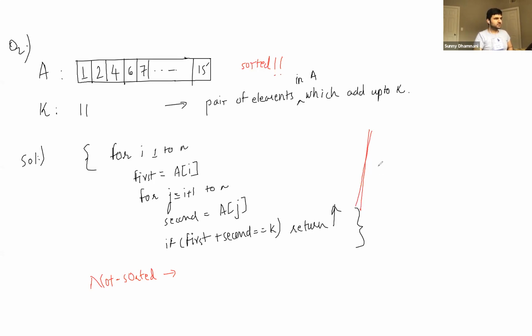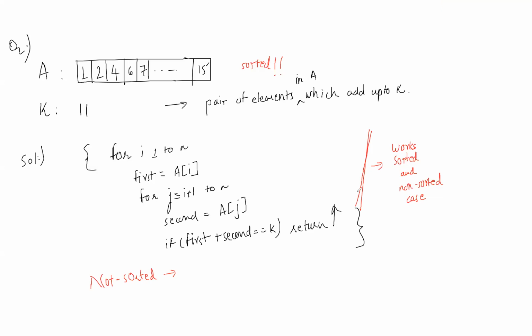So the same algorithm will work for the sorted and non-sorted case. So this works. Now you have seen that we are not using the property that it's already sorted. Keeping that in mind, can you think of an algorithm which uses that property and probably reduces the complexity?